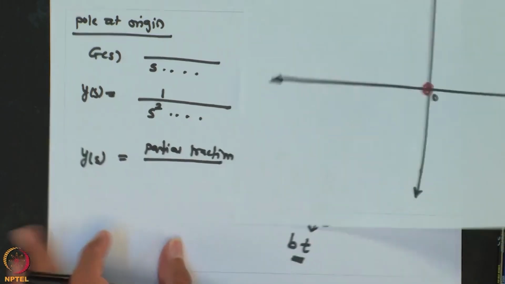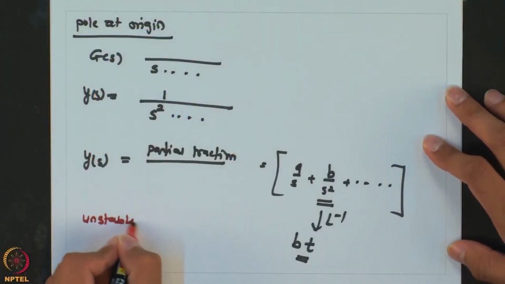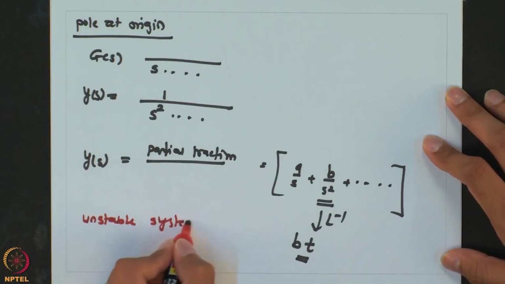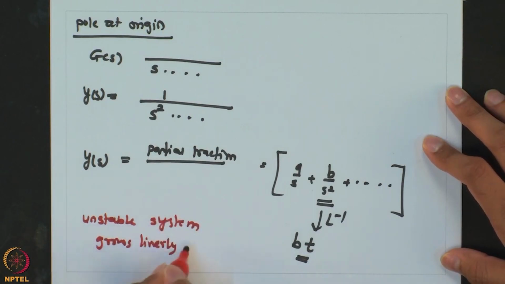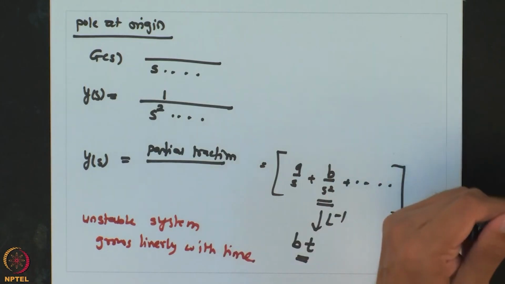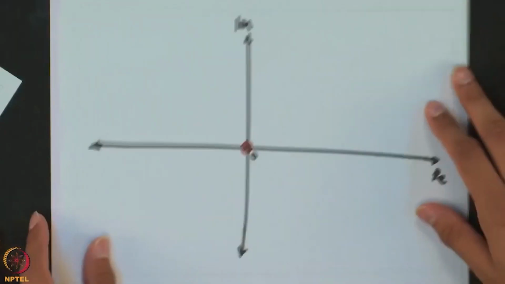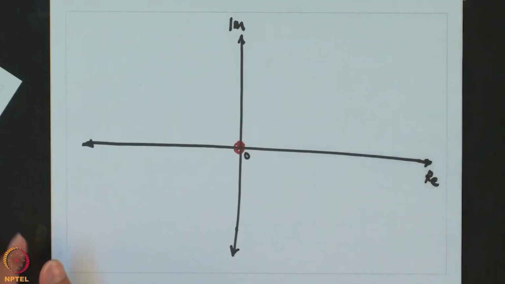So, whenever you have a pole at the origin, it will be an unstable system, or it grows linearly with time. So, it will not have a stable final value. So, that is the case when you have a pole at the origin.